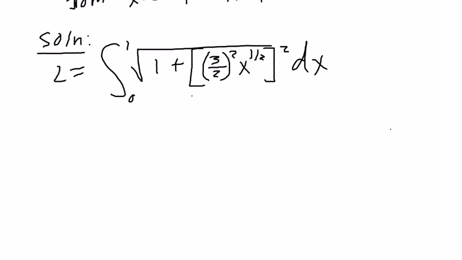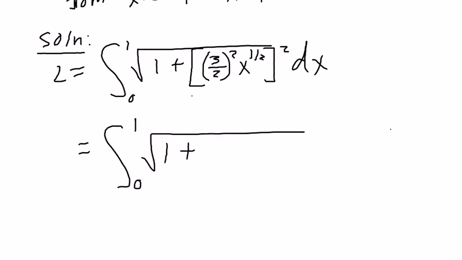So this becomes the integral from 0 to 1 of the square root of 1 plus, and then now it'll be 3/2 to the 4th power, or what would that be? 3 to the 2nd power is 9, 3 to the 3rd power is 27, so 3 to the 4th power is 81, and then 2 to the 4th power is 16.